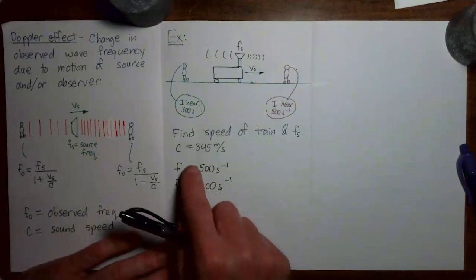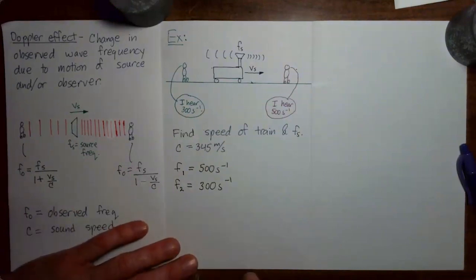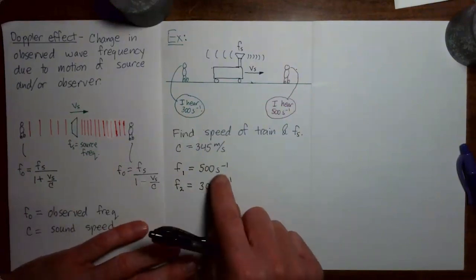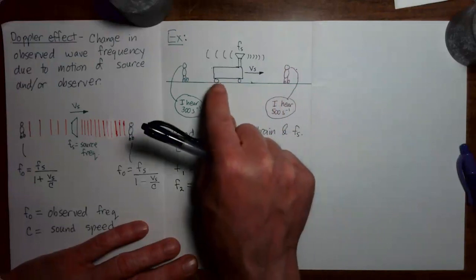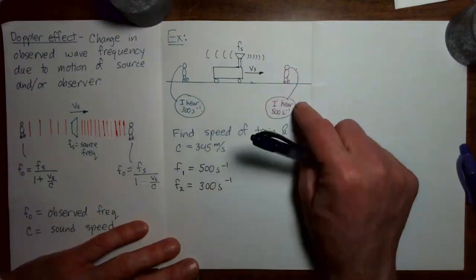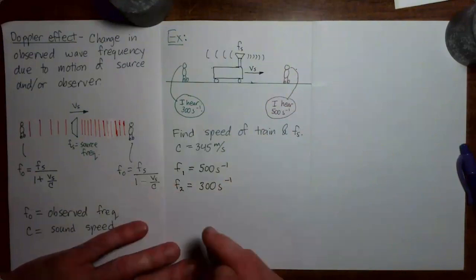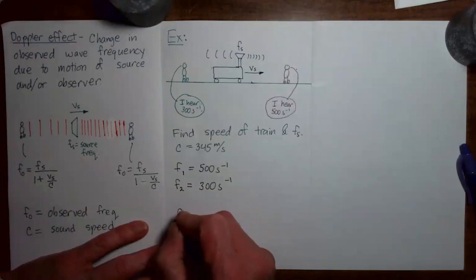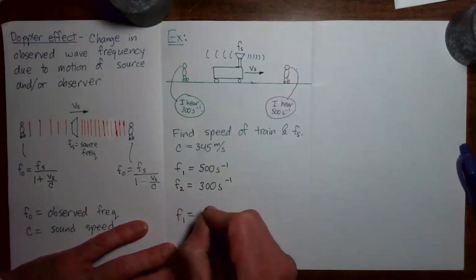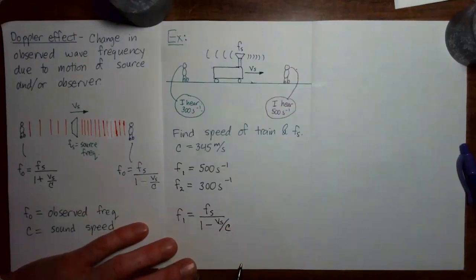Now let's connect these two observed frequencies to the formulas over here. So the 500 compressions per second is for the observer who has the source moving towards him. So for this guy over here, we're going to use the formula with the minus in the denominator. We have then F1 equals source frequency divided by 1 minus source speed over sound speed.